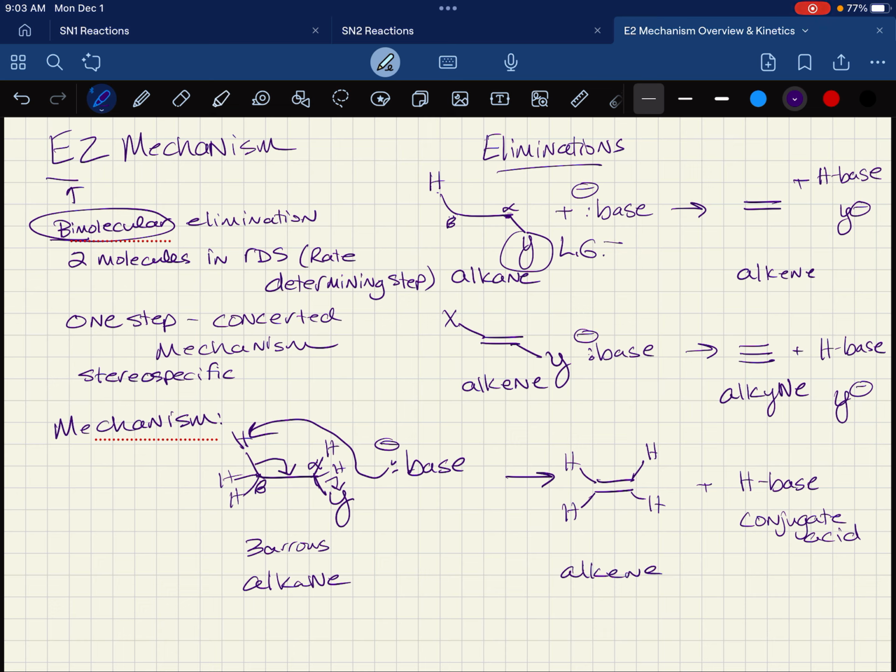And one thing I need to add up here that I didn't state explicitly is that elimination reactions are going to be where a new pi bond forms. And the way that that pi bond forms is that we're eliminating these two groups from the structure, and then we're able to form the pi bond.